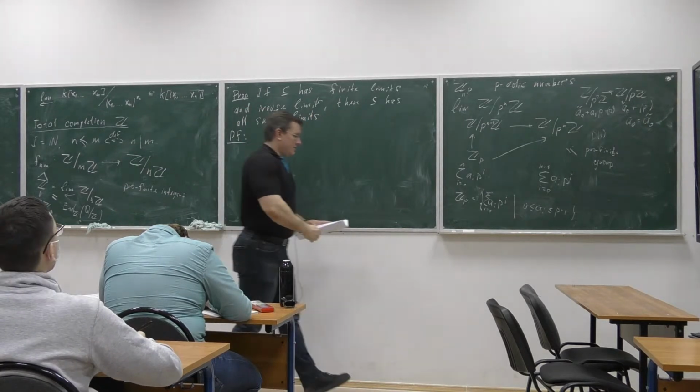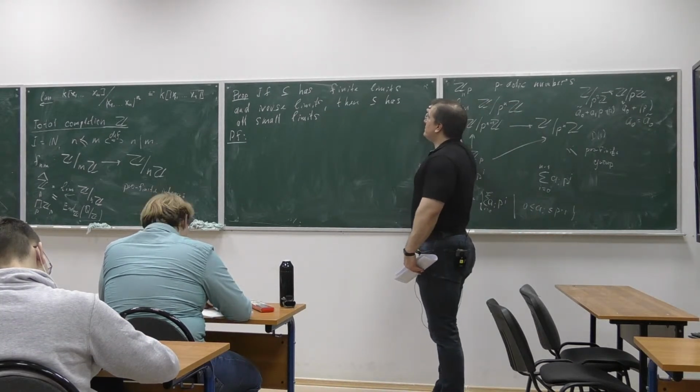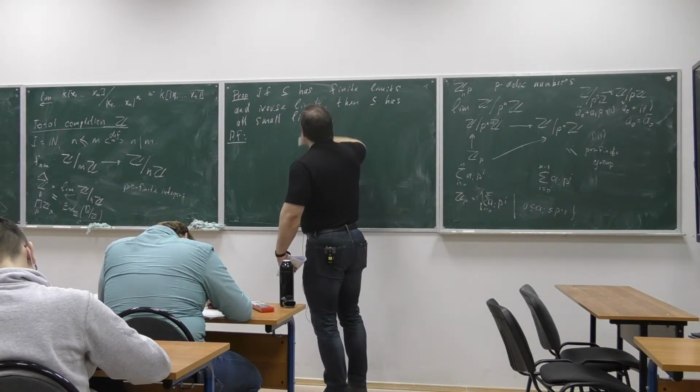Not only does this give us some examples, interesting in applications, from a theoretical point of view it's also interesting. It's enough to require finite limits and inverse limits to get all limits.